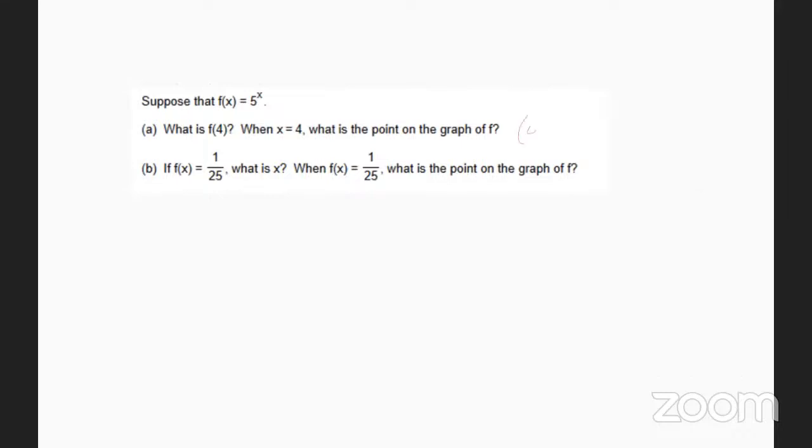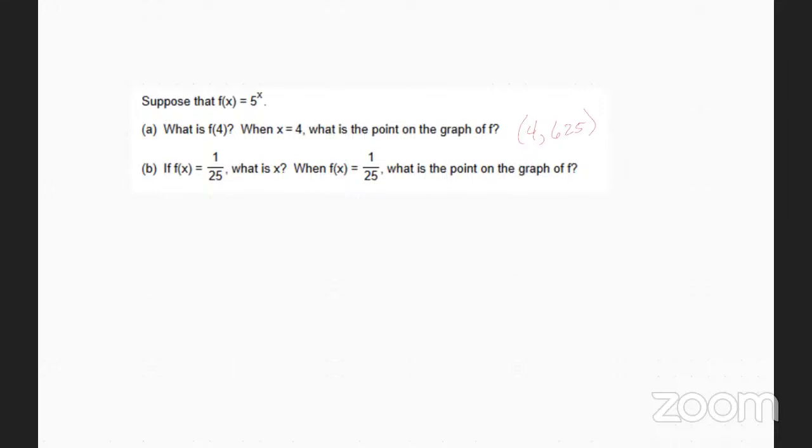Then they said if f of x equals 1 over 25, what is x? What do they mean? I don't get what the question's asking. If f of x equals, there is no x in this. Oh, I think they're saying if the function value for this is 1 over 25.